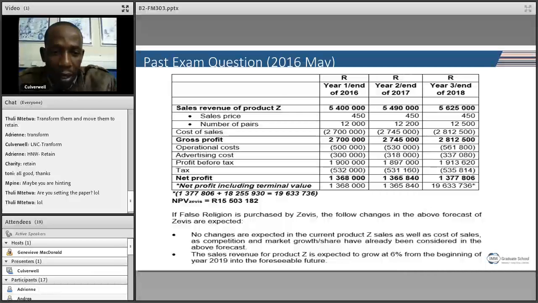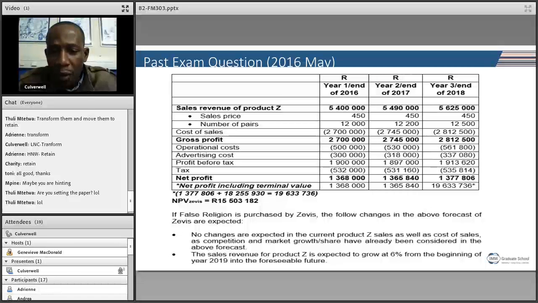I want to come to the last figure on that table that says the net profit including terminal value. The concept of terminal value only comes when dividends are going to grow indefinitely from the last year. So the terminal value that you're going to calculate is only going to affect the last year of our projection. And in this regard, it will be 2018.